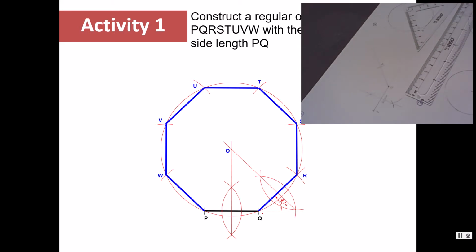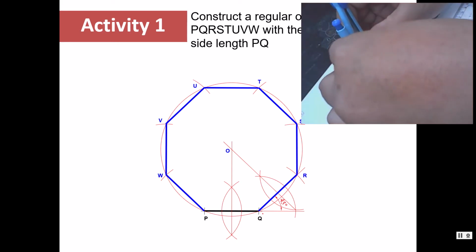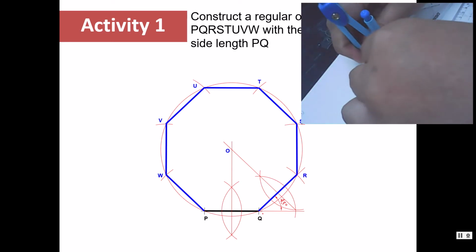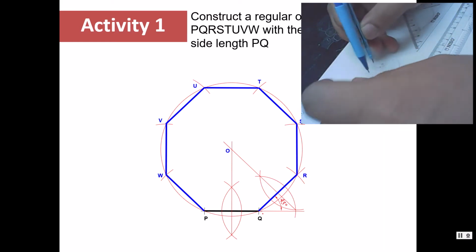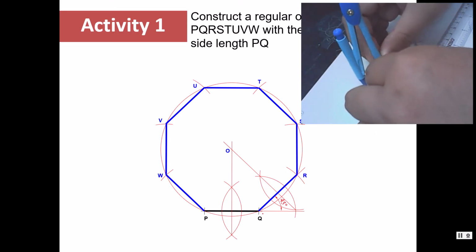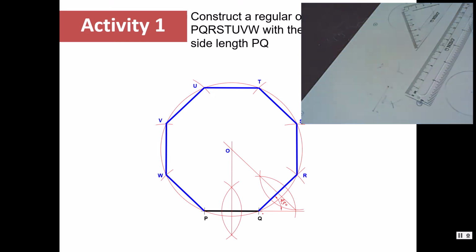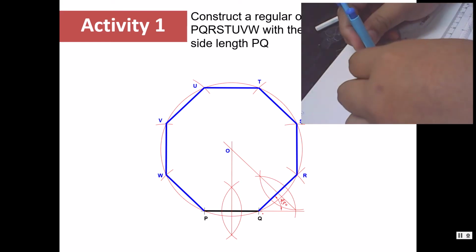Okay, so for points R and Q, we also want to find the midpoint. So determine the midpoint of the QR line. Okay, it's going to be something like this.